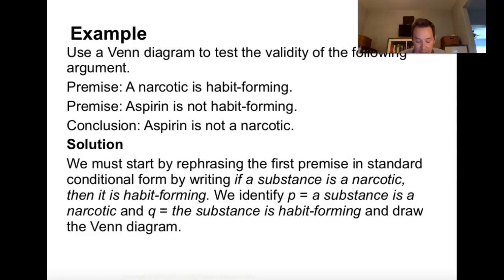All right, so a narcotic is habit forming. Let's turn that into an if-then statement so that we can make an easy Venn diagram out of it. So if something is a narcotic, then it's habit forming.